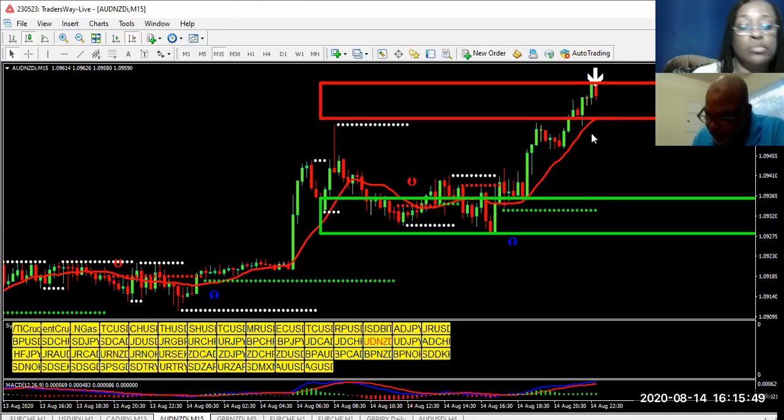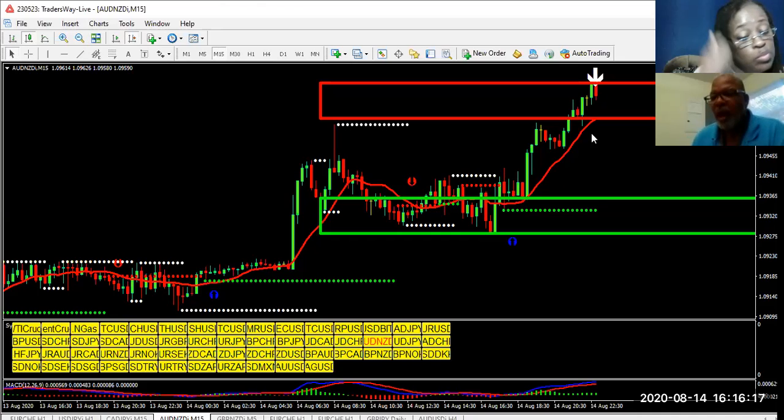Let me put this postulate out here. When we're talking early entry, the basic difference between early entry and conservative is the 13 and the 50.